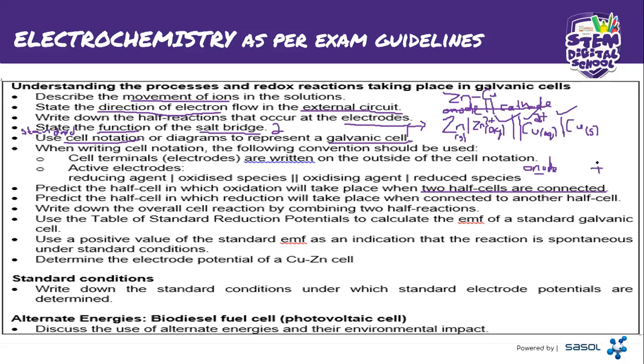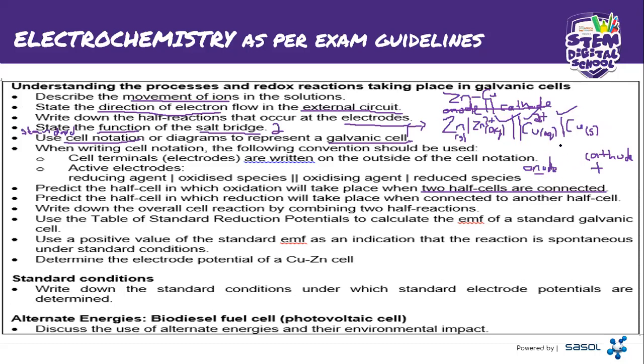And if the electrode is connected to the positive terminal of the voltmeter, it is then the cathode, because in a galvanic cell, the cathode is connected to the positive terminal of the voltmeter. Then remember again that at the anode, we always have oxidation.